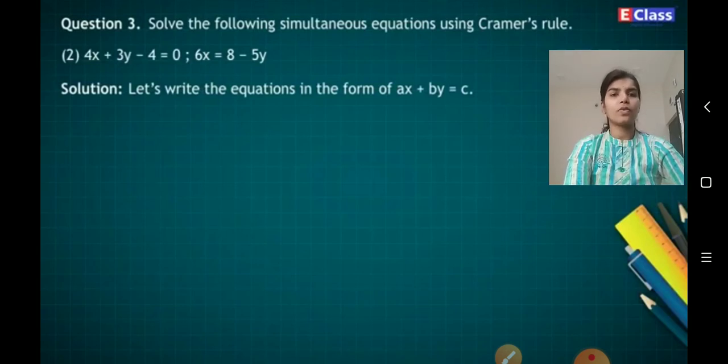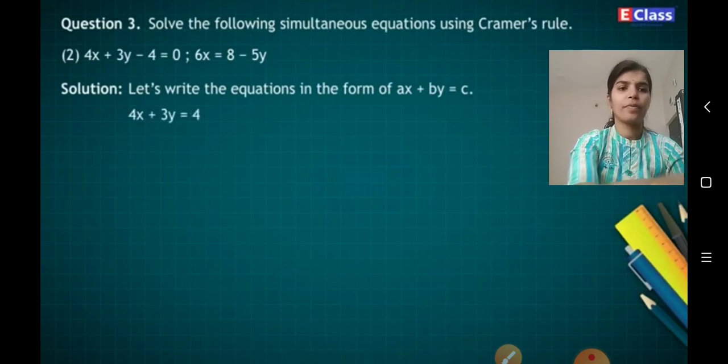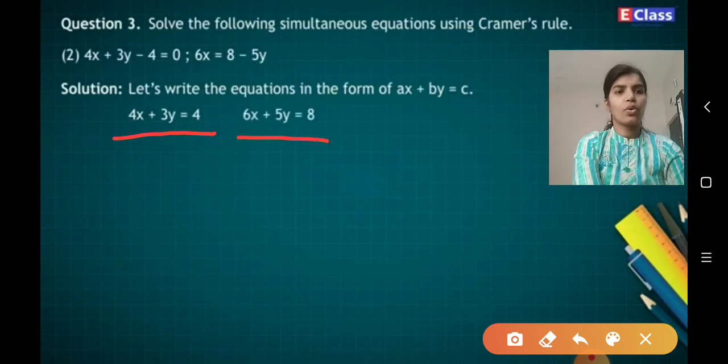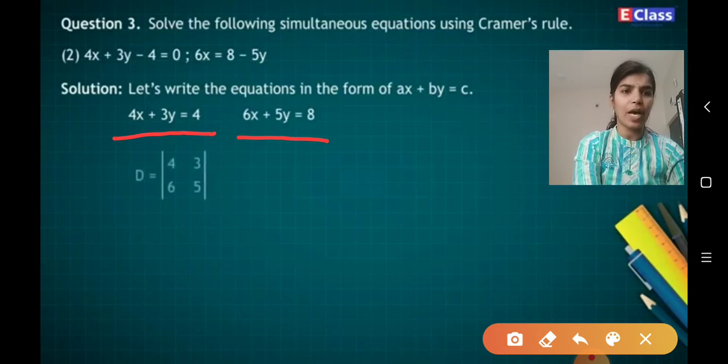Our first equation is 4x plus 3y minus 4 is equal to 0. Then we write it as 4x plus 3y is equal to 4. And the second equation, 6x plus 5y is equal to 8. So both equations are in the form ax plus by is equal to c.